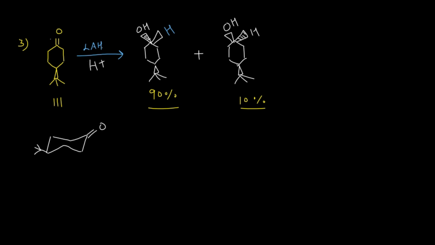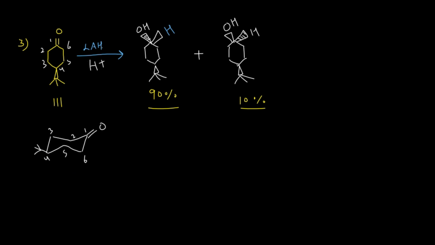Say this is 1, 2, 3, 4, 5, 6. You see here at position number 1 the carbonyl is present, and at position number 4 your tertiary butyl group is there. I have intentionally put this group onto the equatorial position because this is the most stable conformation. You cannot put this on the axial position because it will not be very stable there. Believe me, it is the most stable form.